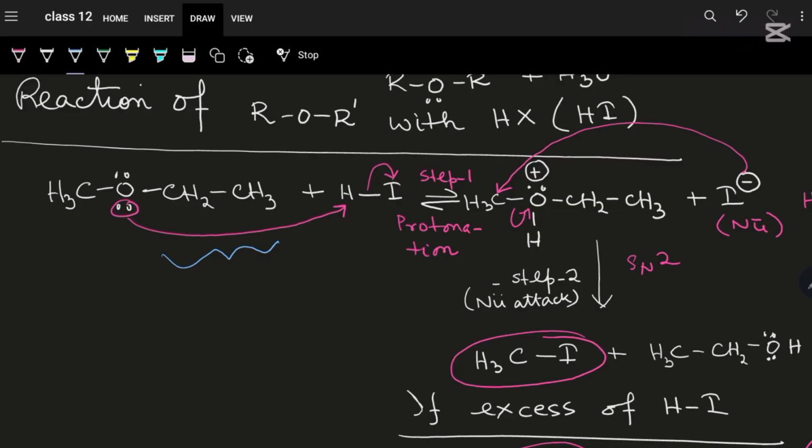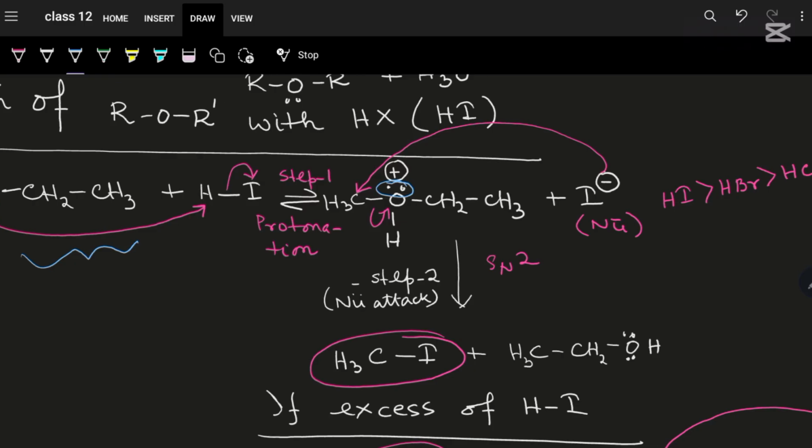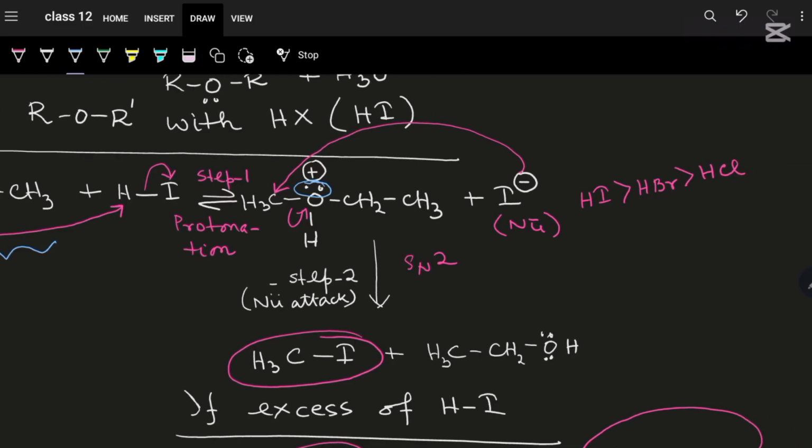This is reacting with HI. The first step is the protonation step. Oxygen abstracts the H plus with the help of the lone pair. One lone pair is left and oxygen gets a positive charge. So step 1 is protonation, plus I minus, because from HI, I minus is getting eliminated.